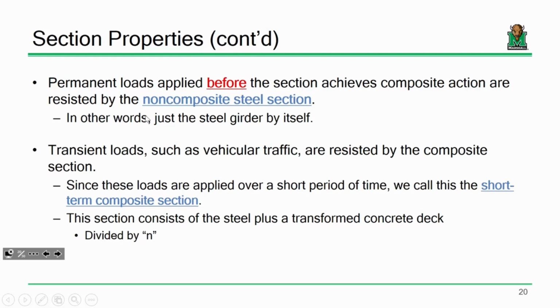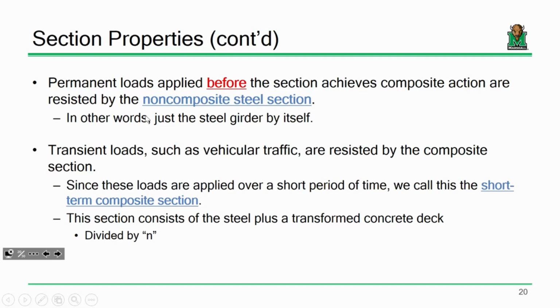Okay? The transient loads have to be resisted by the composite section, the steel and the concrete acting together. When I drive a truck on the bridge, the deck and the girder are acting together to resist that load. Okay? Now for terminology, I'm going to call this the short-term composite section, because those loads are only on the bridge for a very short period of time.